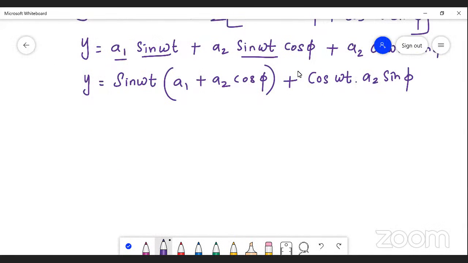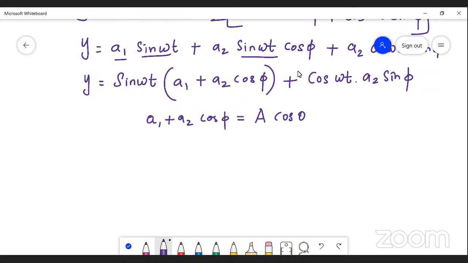a1 plus a2 cos pi is equal to A cos theta. This capital A is nothing but the resultant amplitude of the resultant wave.